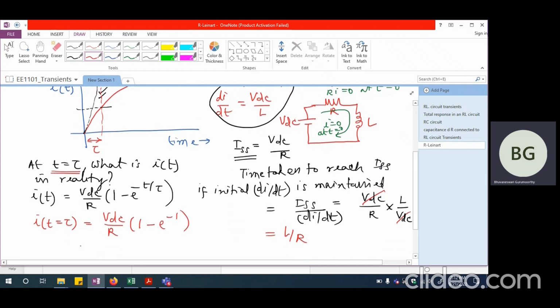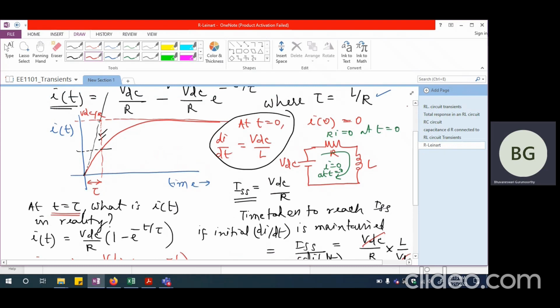And we calculated this to be approximately 63% of VDC by R, or this is 0.63 VDC by R. So when the current is ultimately in time t equal to infinity, if it is reaching VDC by R, at time t equal to tau, the current is going to be reaching the value of 0.63 multiplied by VDC by R. So this is what is the time constant of the system.